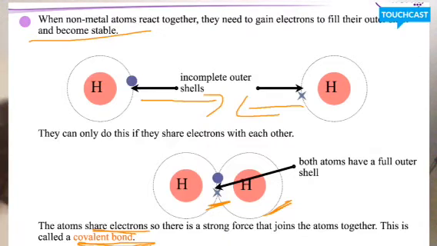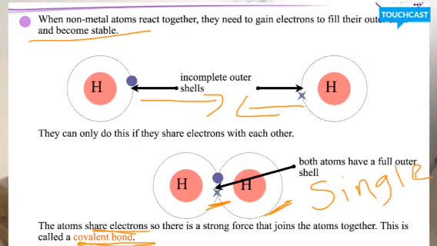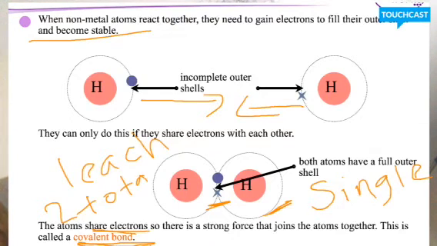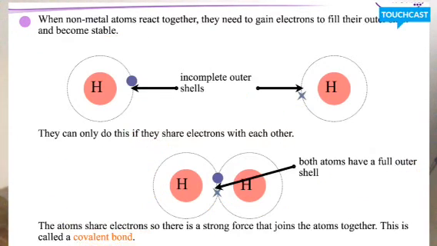When each atom shares 1 electron, 2 in total, we call this type of bonding a single covalent bond.